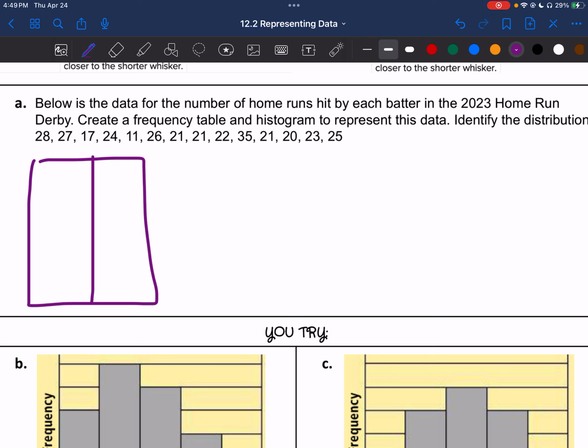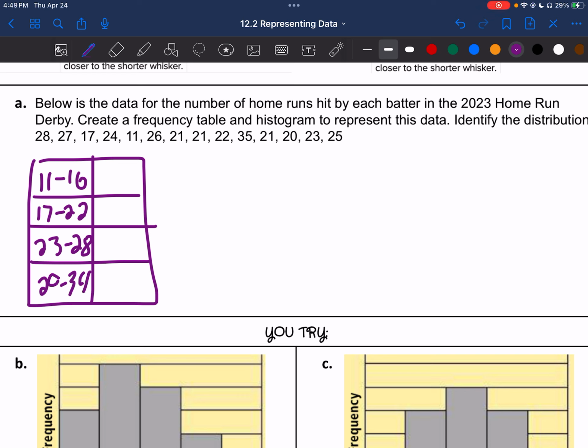We need to start with a frequency table because we need to know how many are in each range. So from 11 to 16, we're going to do 17 through 22, 23 through 28, 29 through 34, and I need one more row, and we're going to do 35 through 40.